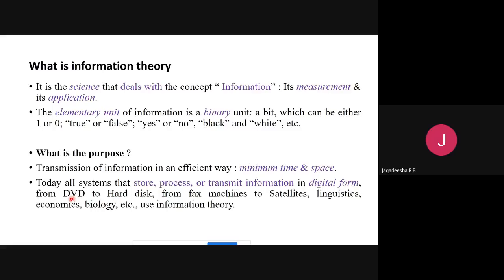Similarly, a DVD has some space. You want to store as much information as possible. So in this context, we want to minimize the amount of information stored within the available space. Every piece of information should occupy minimum space so that we can maximize the total amount of information being stored.